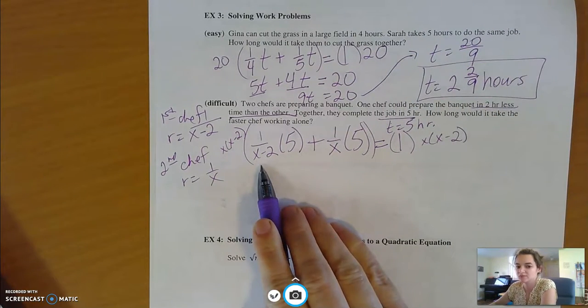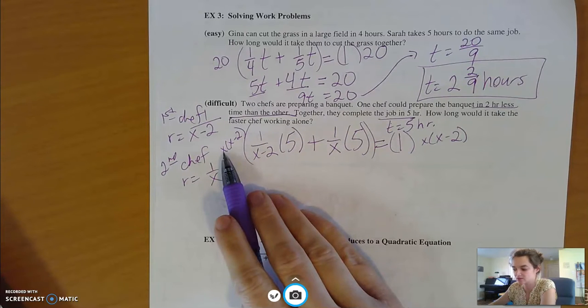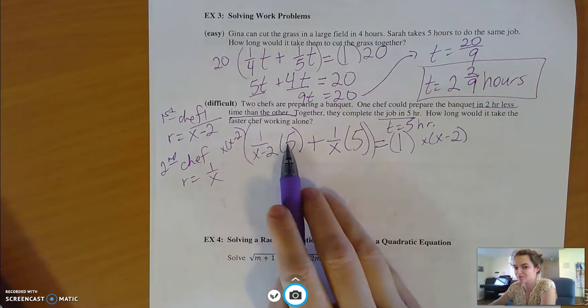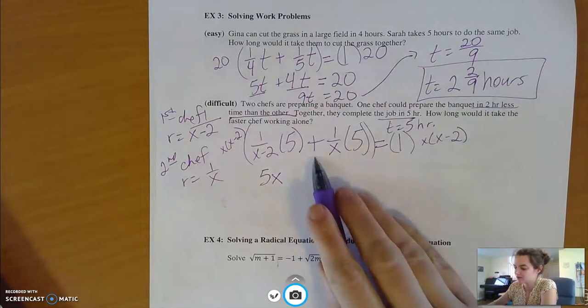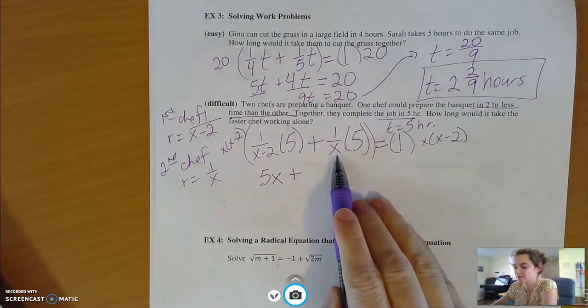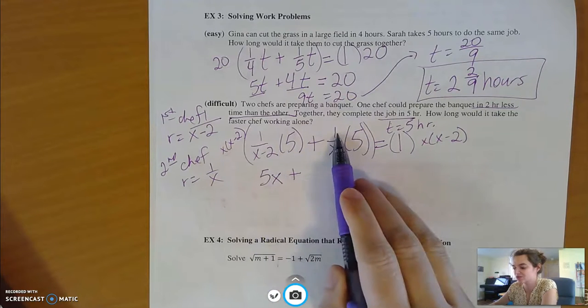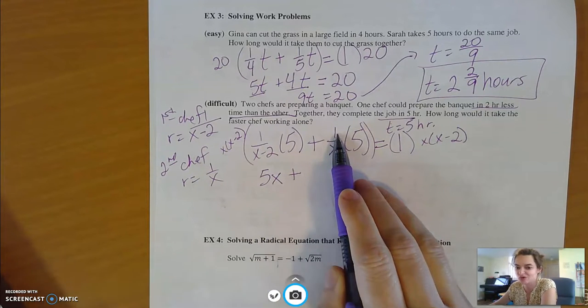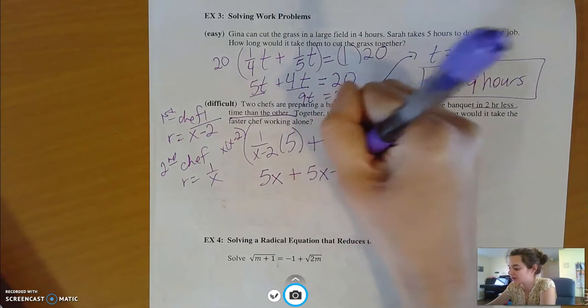My first term, the x minus 2's divide out, so I'm just left with an x, times 1 times 5, which would be 5x. Still have an addition sign here. In my second term, the x's are going to divide out, so I'm going to have x minus 2 times 1, which is x minus 2, times 5, which would be 5x minus 10.